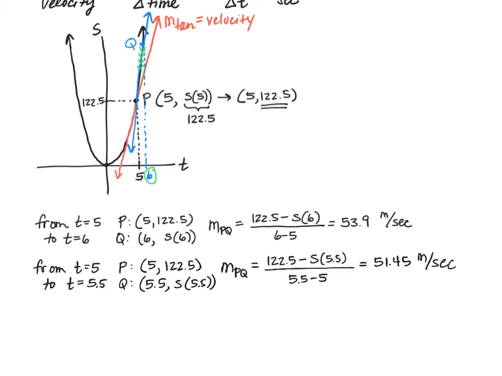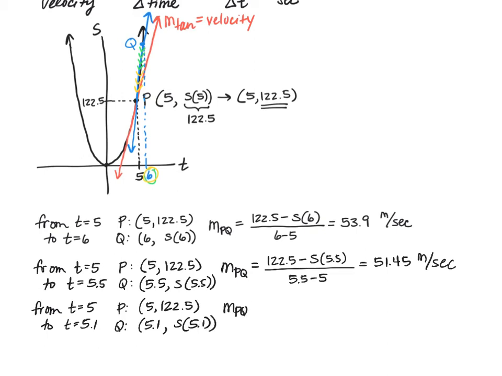So now let's let point Q continue moving down the curve closer and closer to point P. So that X value will change again, or a T value in this case. So from T equals 5, let's get a bit closer. So how about T equals 5.1? So point P is the same, and point Q has moved. So the T value now is 5.1, and the Y value is S of 5.1.